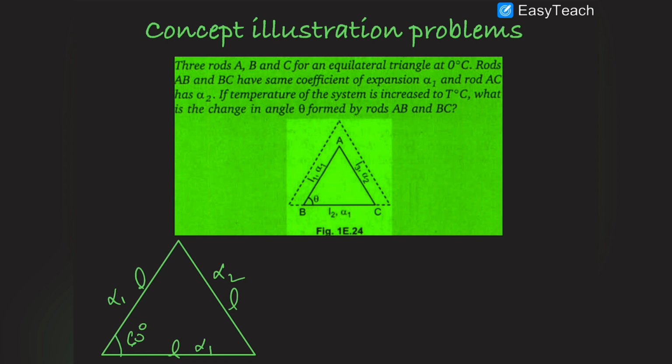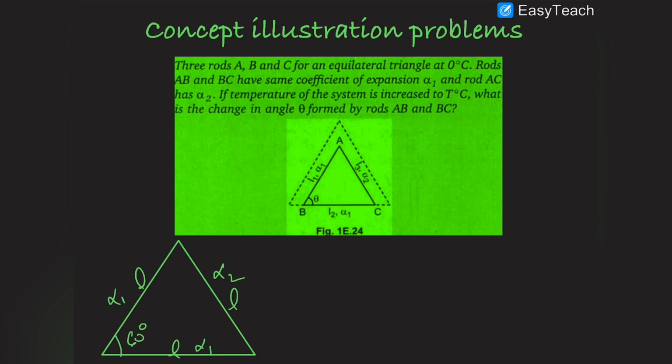So we know that due to the expansion at higher temperature, these two sides will finally be equal, but this would be different because its expansion would be different and their expansion would be same.